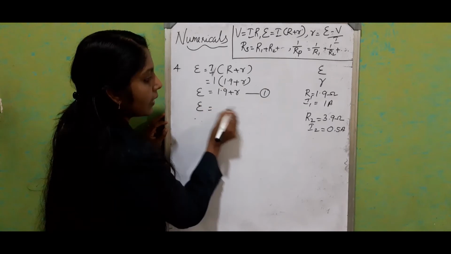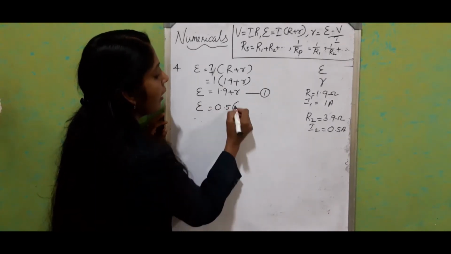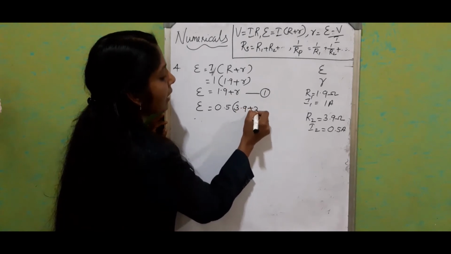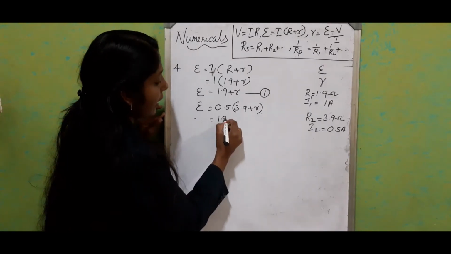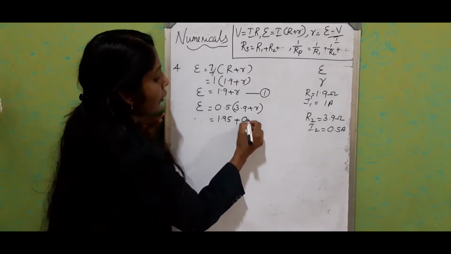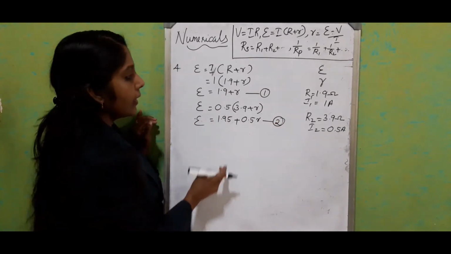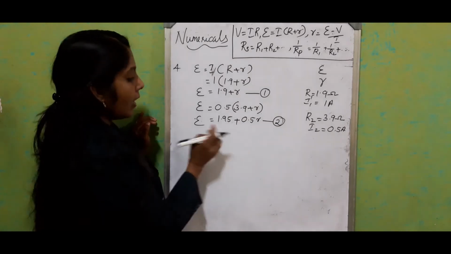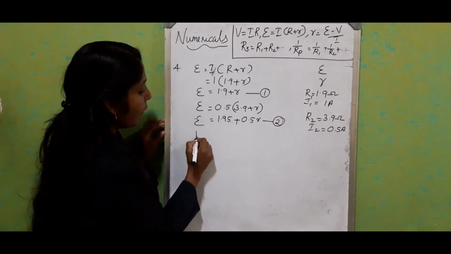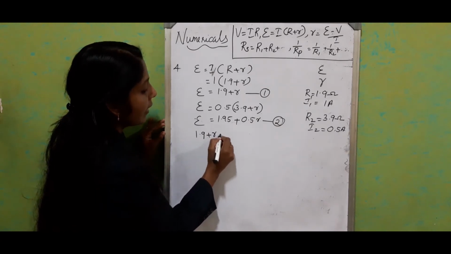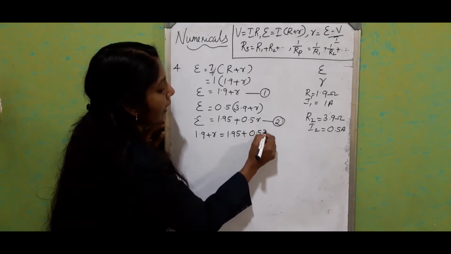So epsilon is equal to 0.5 into 3.9 plus r, or we can write it as 1.95 plus 0.5 r. This is the second equation. In the first and second equations, our left side is epsilon, so we will equate them. We get 1.9 plus r is equal to 1.95 plus 0.5 r.